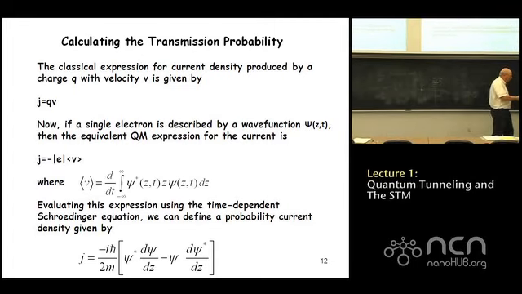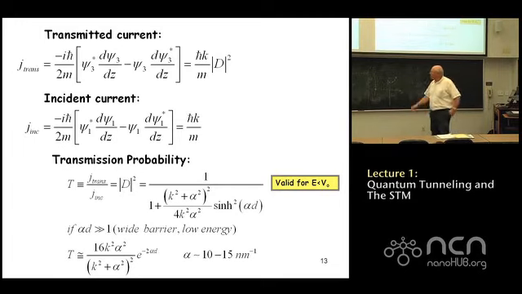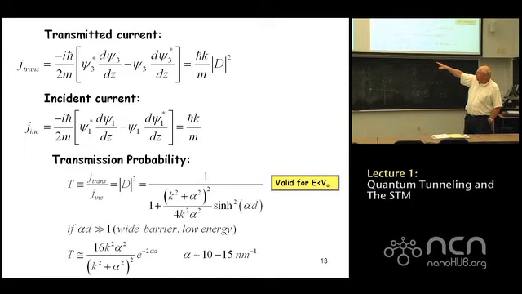And if you evaluate that probability current, you can eventually calculate the transmission probability for an electron to go through that barrier. This is the important parameter that I want to get to. This is the important result of the lecture: this transmission probability is non-zero.